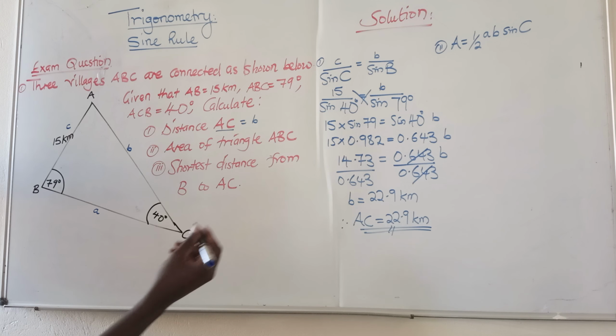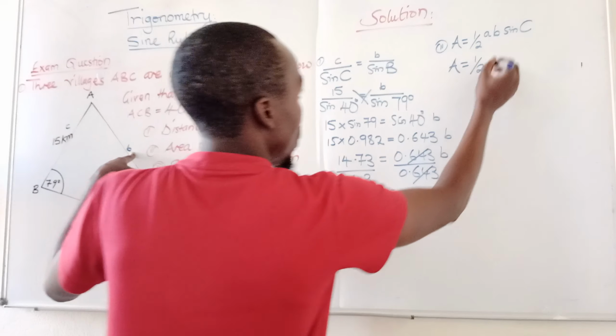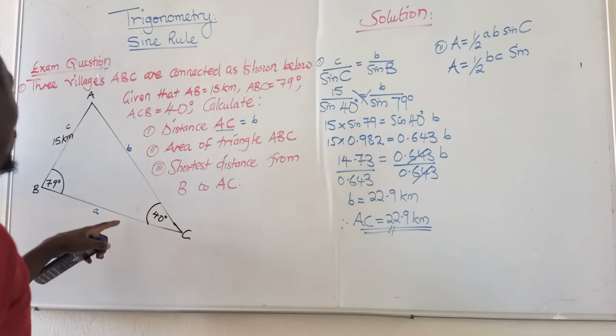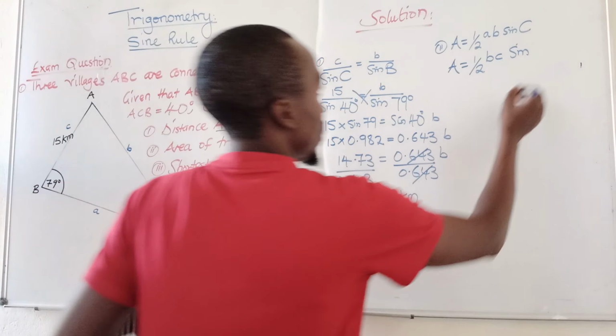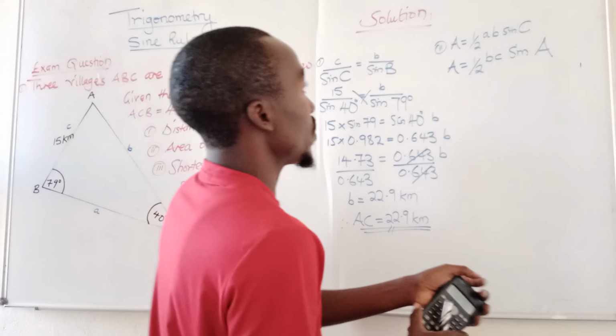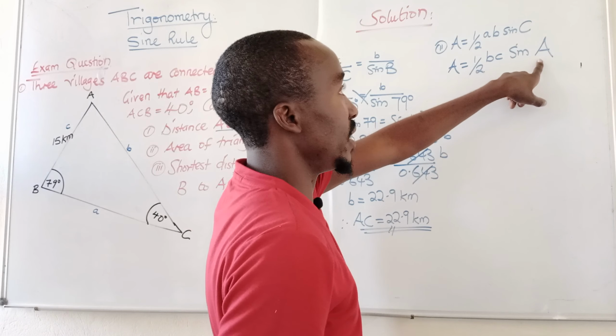Area is equal to half times side B, and also side C, and then sine A. Since we have used sides B and C, we say sine A.